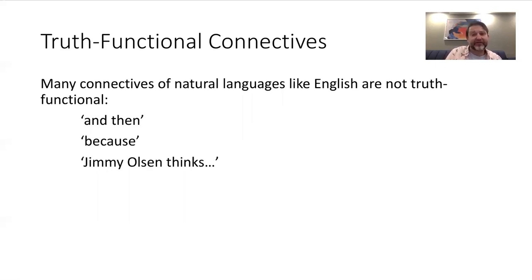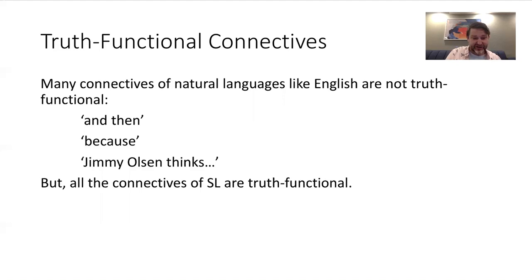And there are many more of these non-truth functional natural language connectives that we can point to, but we're not going to spend a lot of time talking about them because we're interested in the logical truth functional connectives that we've already introduced. And again, those are conjunction, disjunction, negation, conditional, and biconditional.